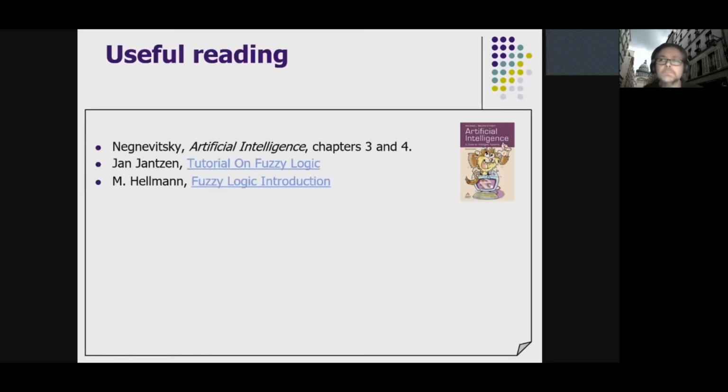What I presented today is in the book. You have to go to chapters 3 and 4. They make an introduction to fuzzy logic. They also cover certainty factors theory and probability. That's the book I'm using. Negnevitsky's Artificial Intelligence is the core text of this module.